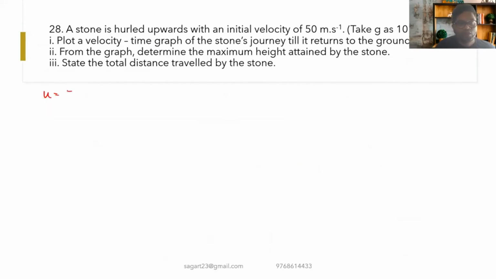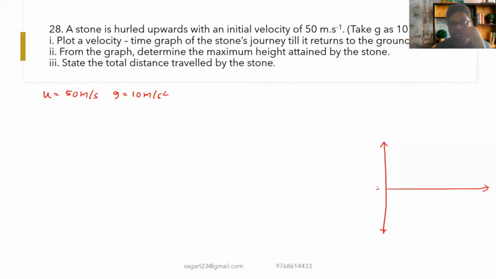Take U as 50 meter per second. G is 10 meter per second square. Plot a velocity time graph of the journey till it returns to the ground. So we are going to do a similar graph to what we had drawn.